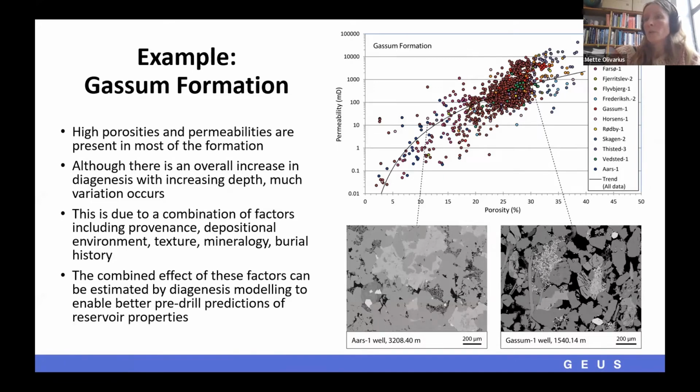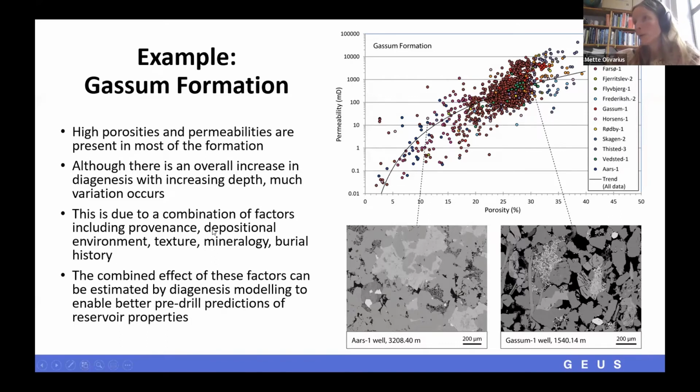This is due to a combination of factors, including the provenance, that is where the sediment comes from, then the depositional environment, whether it has been deposited in a river or at the coastline or something else, and then the texture, like the grain size, sorting, etc., the mineralogy, and then the burial history. So the combined effect of all these factors could be estimated by diagenesis modeling to enable better pre-drill predictions of reservoir properties in areas where we don't have any information of the subsurface.